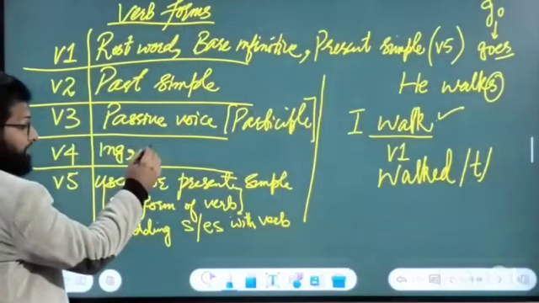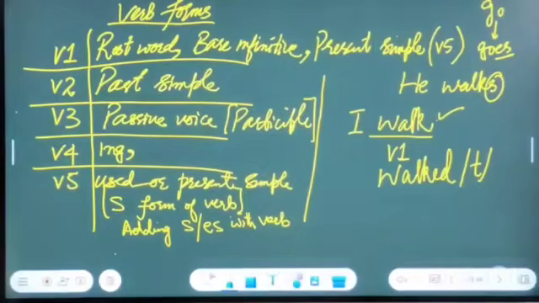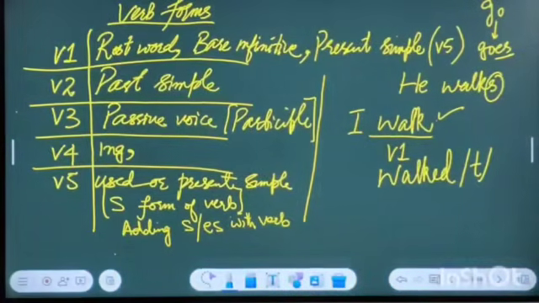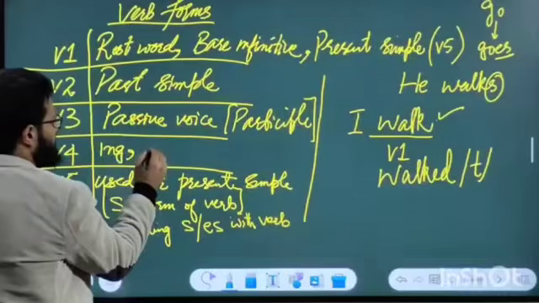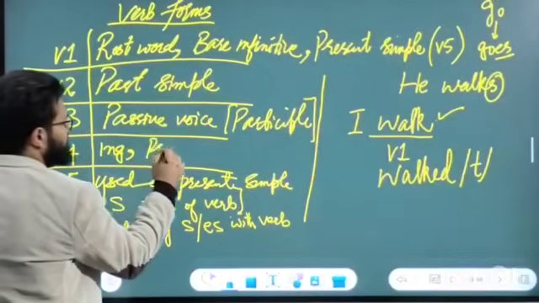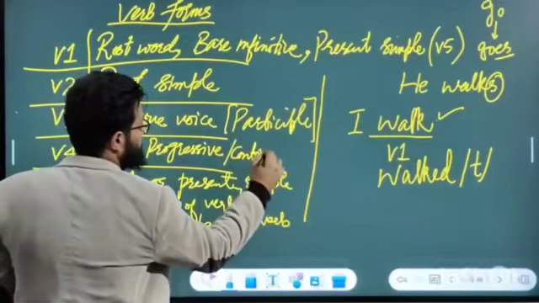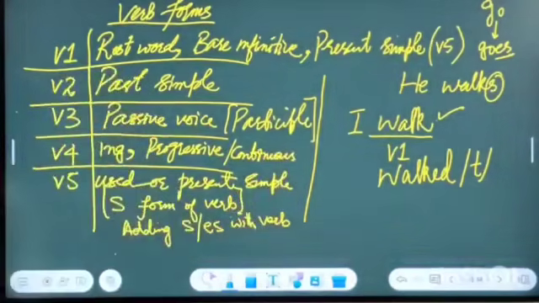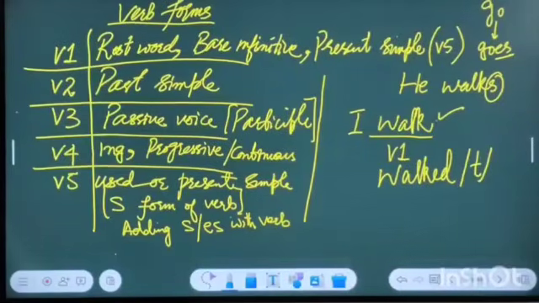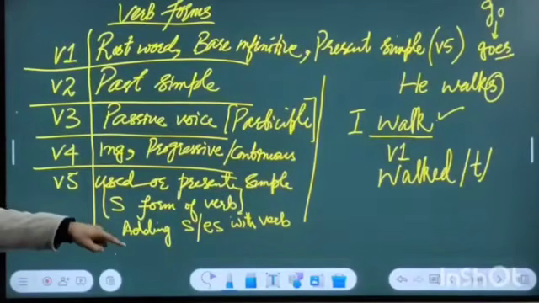In all three tenses of continuous tense, whether it is present continuous, past continuous, or future continuous. I am singing, I was singing, I will be singing. I used the ing form. Then comes V5, which is used for present simple and takes the S or ES form.